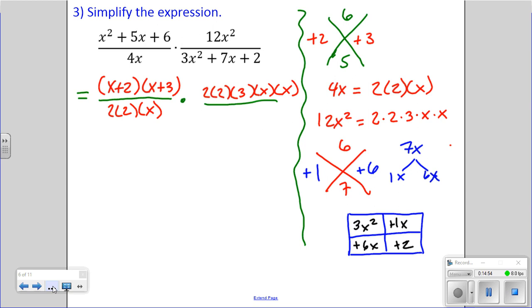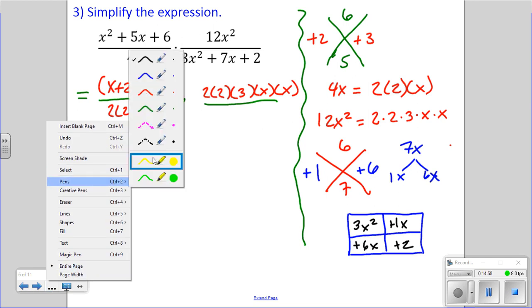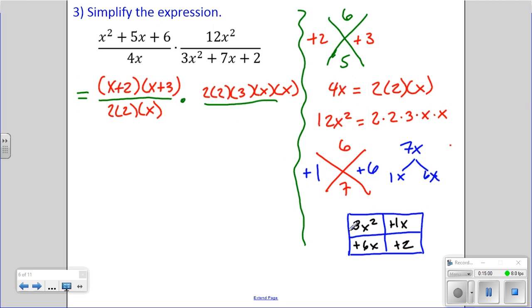Now find the GCF from the top row. From the top row, it's x. X is the only thing both terms have in common. So what times x gives me 3x squared? We need a 3x. What times x gives me positive 1x? We need a positive 1.